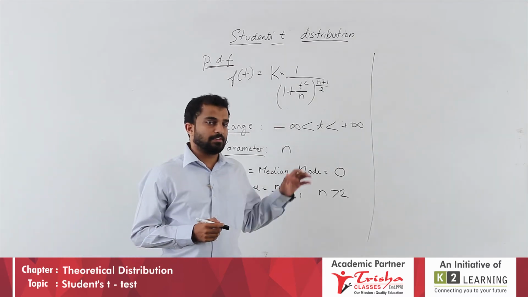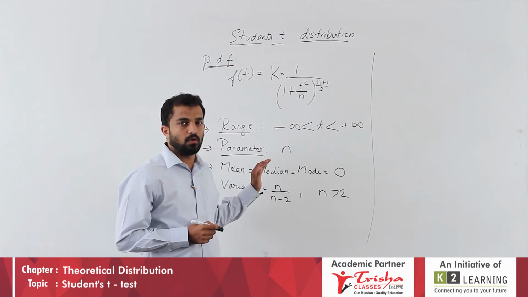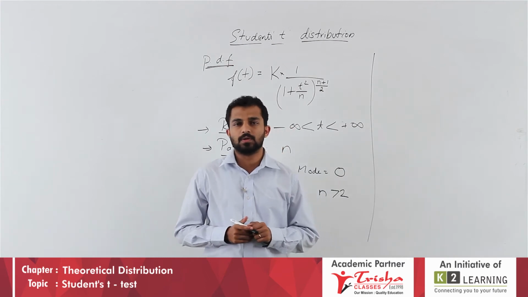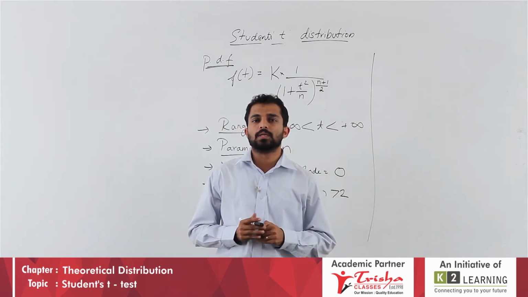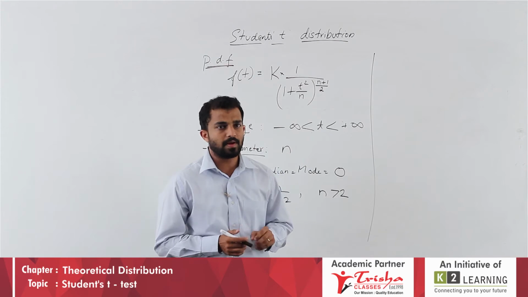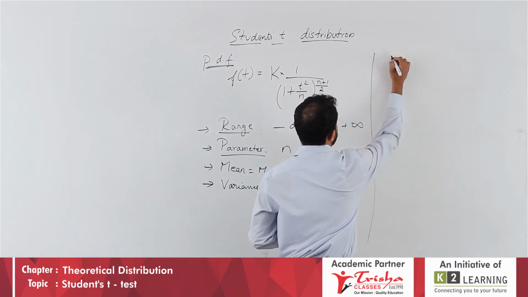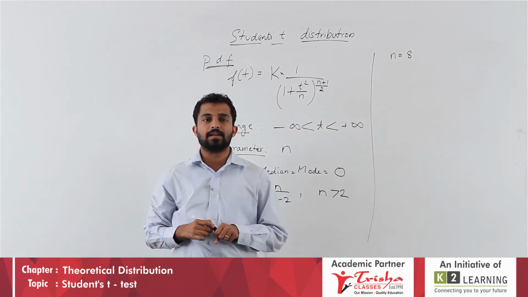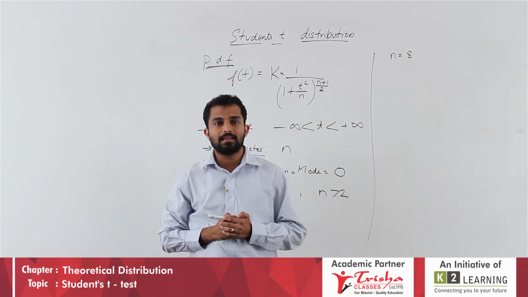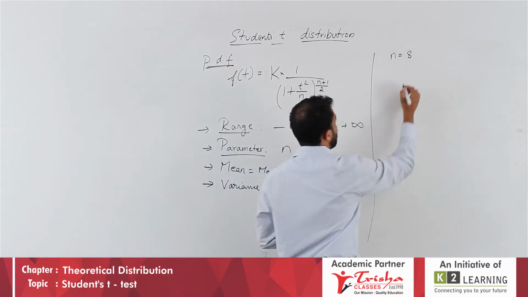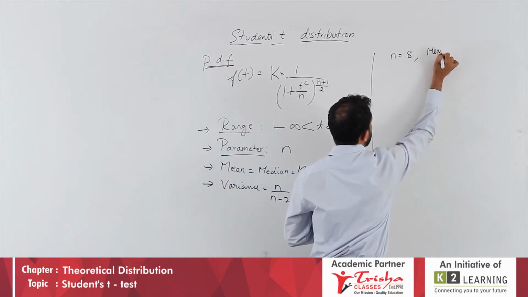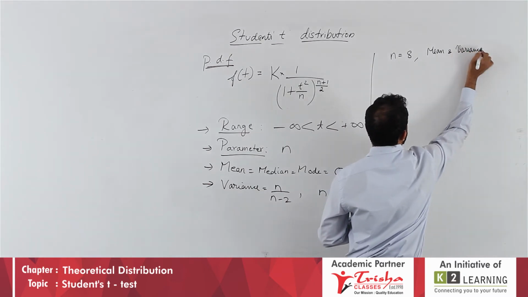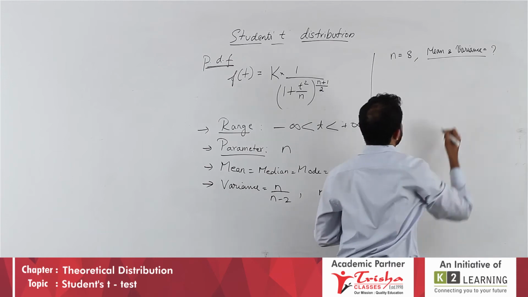Well students, once we have finished with the properties, now we need to see a few questions. Imagine a question says, in a Student's t distribution where degrees of freedom is 8, that means n is equal to 8, find the mean and variance.